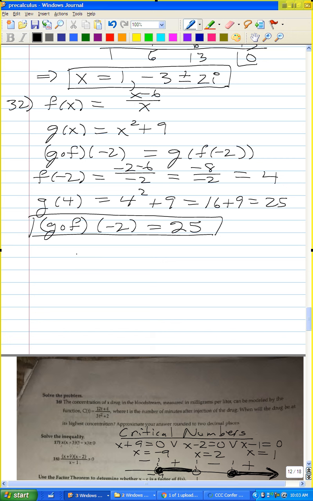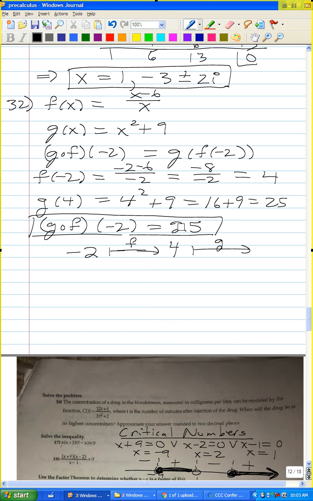Right. So I have a negative 2. I'm first going to plug it into f, and then whatever answer I get, I plug into g. So I plugged negative 2 into f, and I got 4.